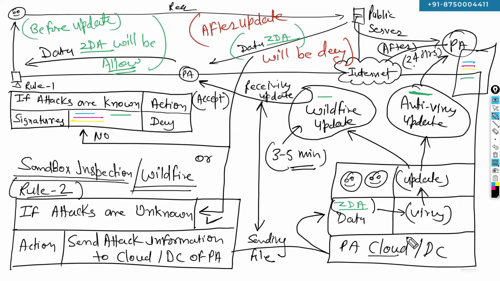Now, assume in your organization you have a user, and that user is accessing a public server. This server can be a torrent, or any public server which we can access, or any server from which we can download any kind of file.